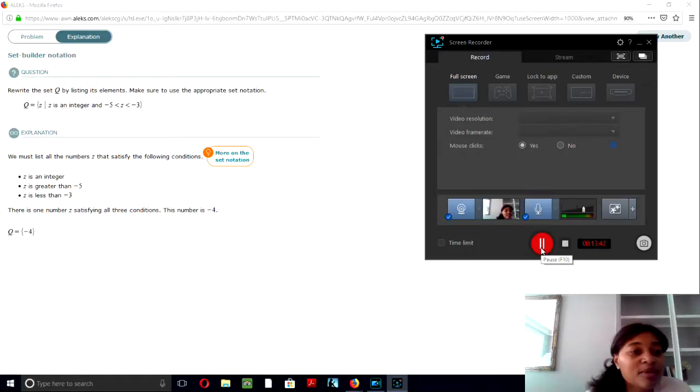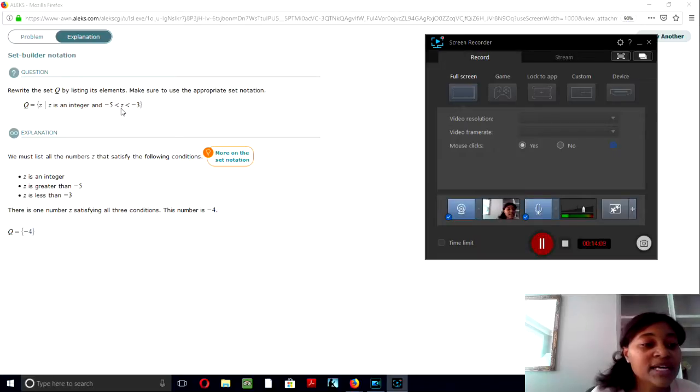Okay, the next problem is set builder notation. So we have to rewrite the set Q by listing its elements. So we have to make sure that we're using the correct notation. An easy way to do this problem is to look at the Z here and just read the problem off.